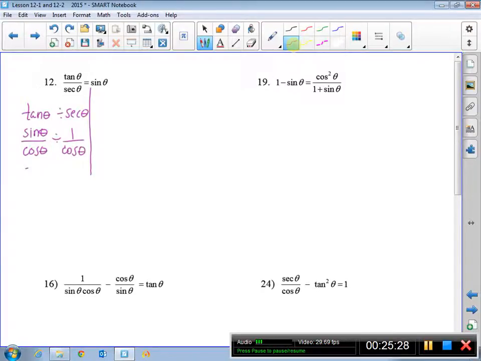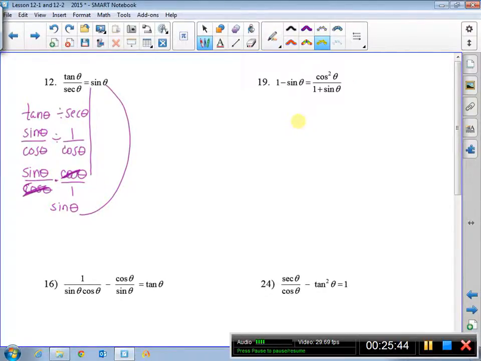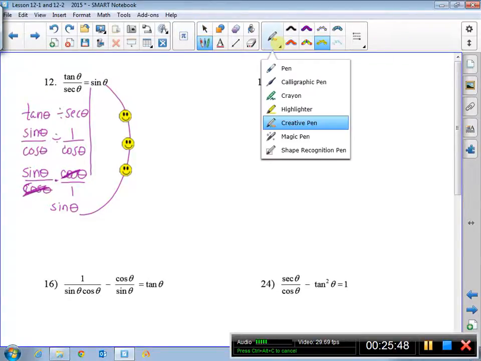Now flip that second fraction and multiply. Take your time. Cosines reduce, left with sine, and are we happy campers? Yes, we are happy. Happy campers. There we go. Not so bad, just take your time.